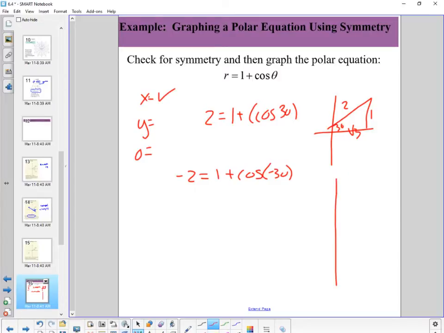My cosine at negative 30 is here, correct? But that negative 2 is telling me I got to go the other way. Does this have the same cosine as my original one? In this case, it's a negative radical 3 over 2, correct? So my formula has changed. So this does not have Y symmetry.